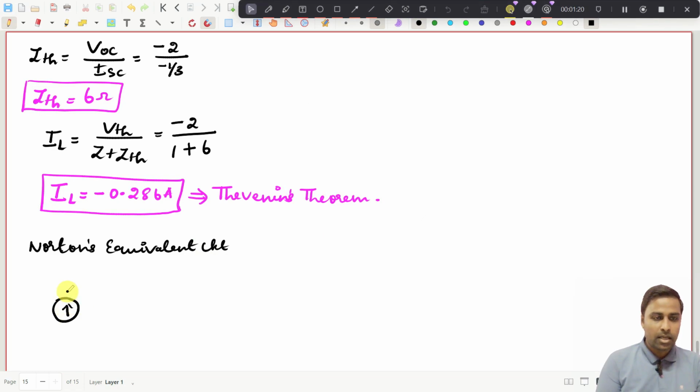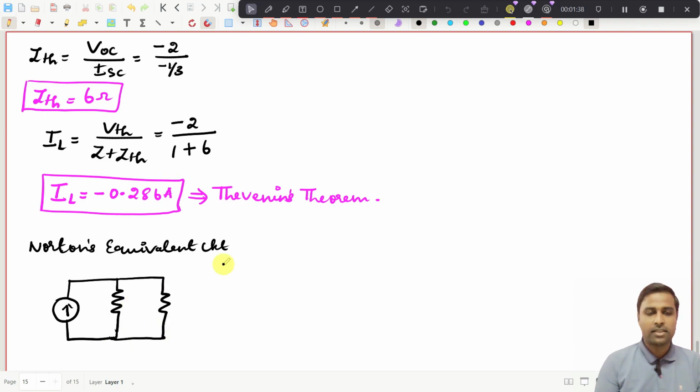This should be ISC, and there will be a resistance connected parallel to this current source, and the load resistance connected parallel to the ZTH. So this value will be ISC, this is ZTH, and this is Z.